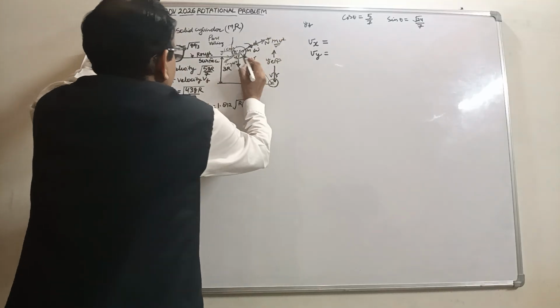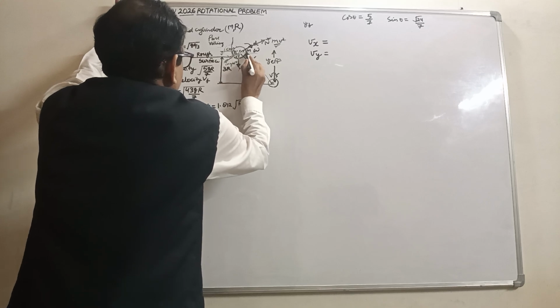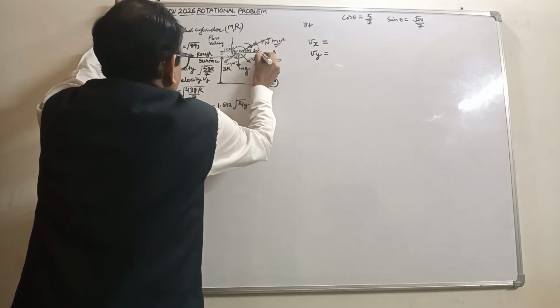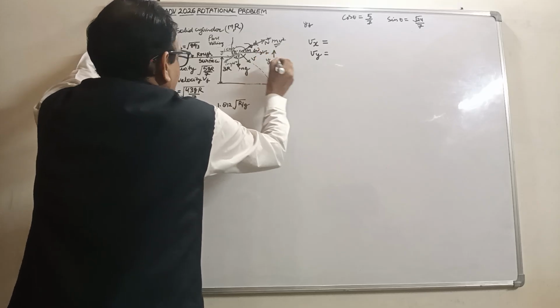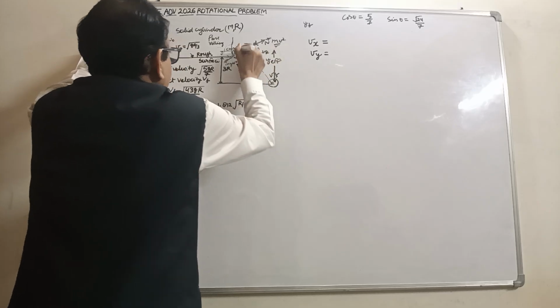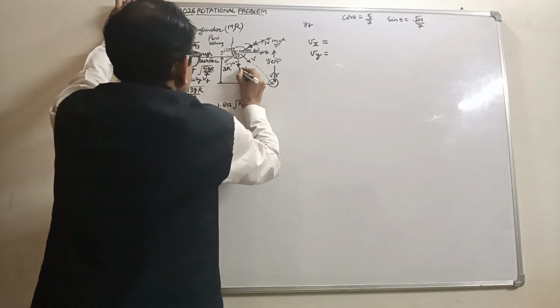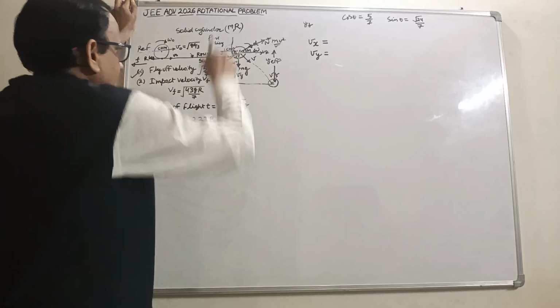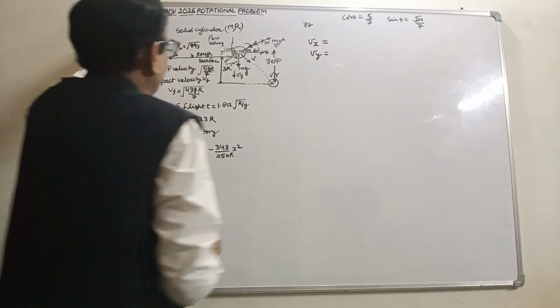Horizontal velocity would be in this direction, this is Vx, and Vy would be in this direction, this is Vy in the minus j direction.